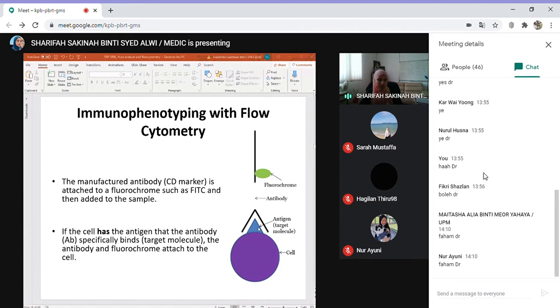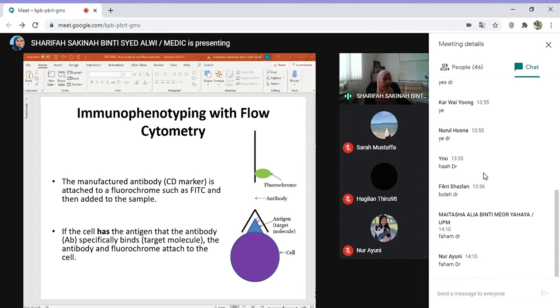This is what we call the antigen of interest. And then you have the antibody that is attached with the fluorochrome. If this antibody is complementary to the antigen, the binding sites are complementary to each other, then it will bind to it, together with the fluorochrome.